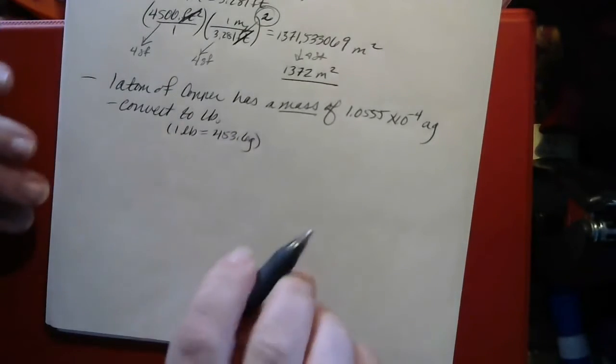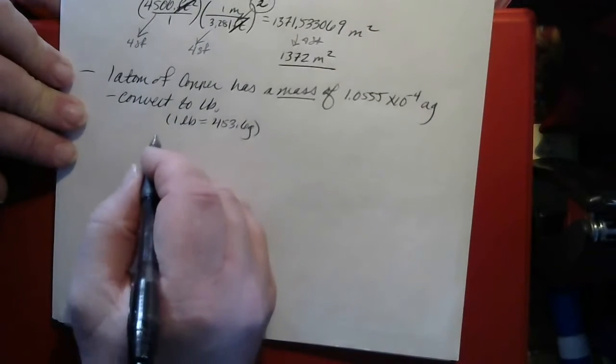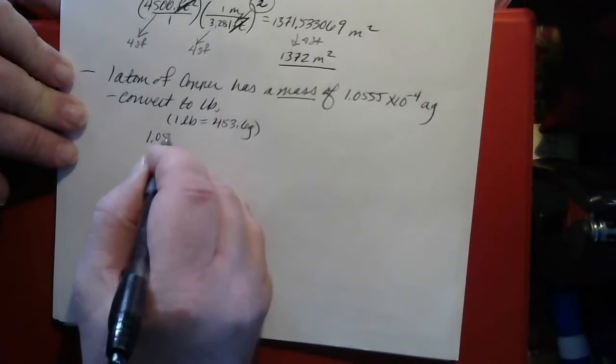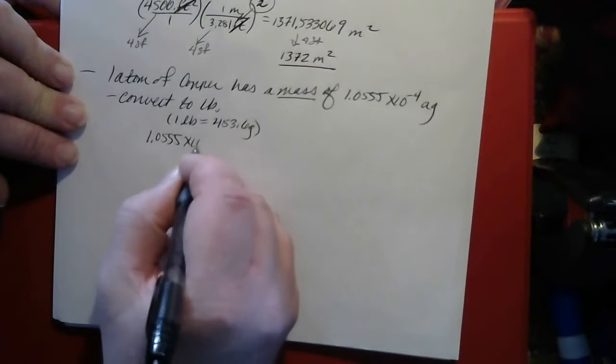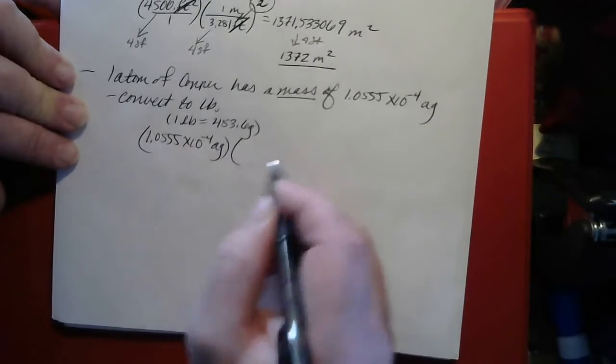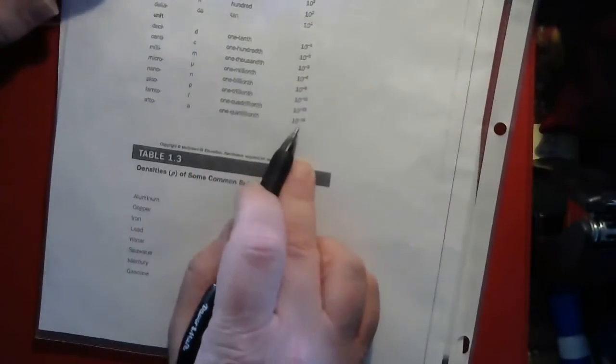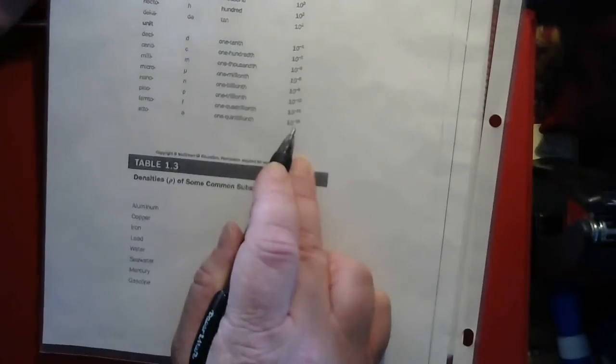Okay, so using that, what that means is we have to get from attograms to grams. Over here it says 1 attogram is 10 to the minus 18 grams, or 1 atto unit, whatever the unit is, is equal to 10 to the minus 18 of that unit.